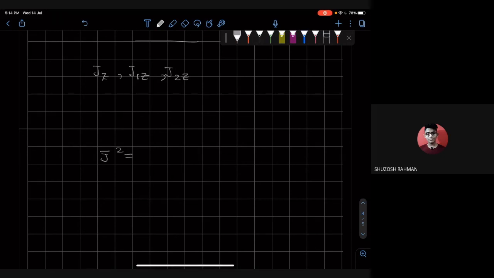So then it turns out that J squared is going to be J1 squared plus J2 squared plus J1 plus J2 minus, and then plus J1 minus J2 plus, plus 2 J1z J2z.